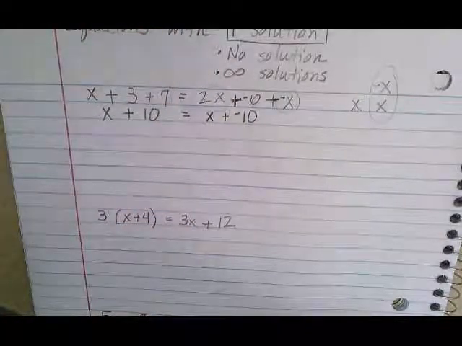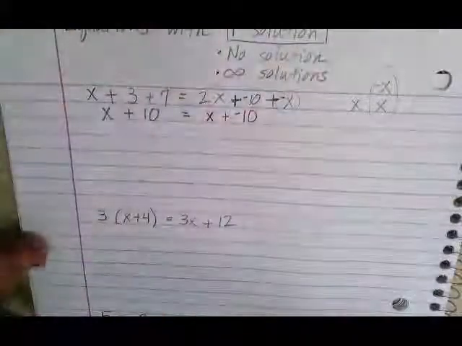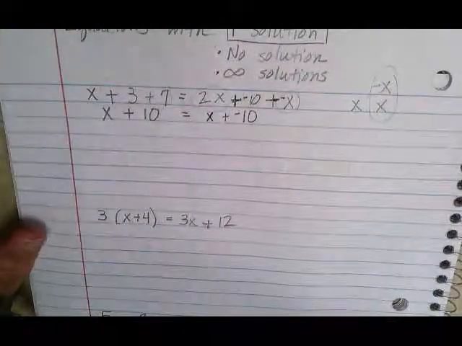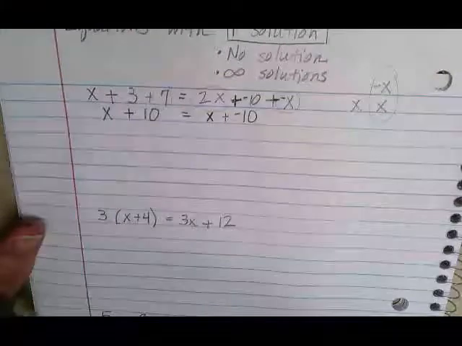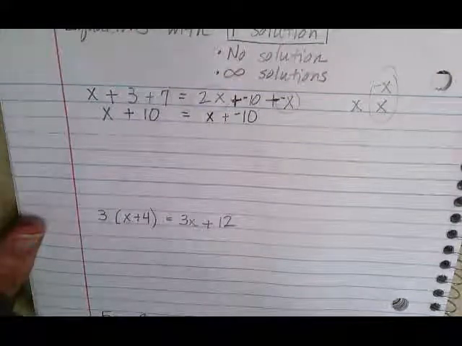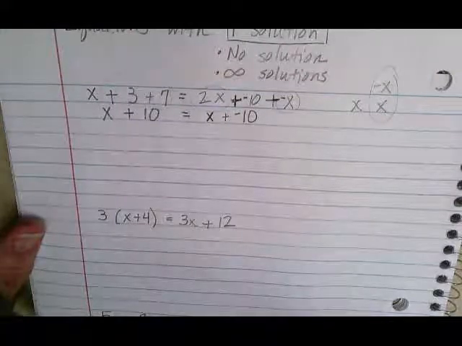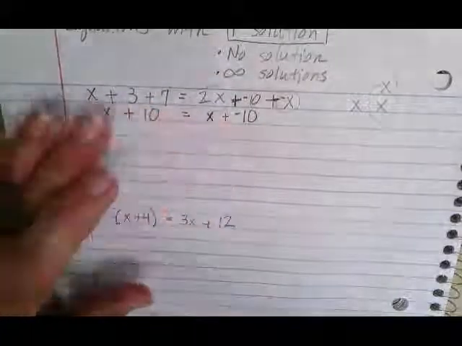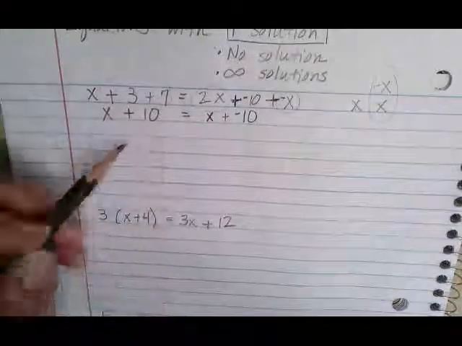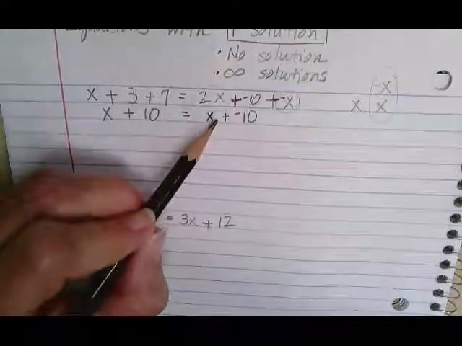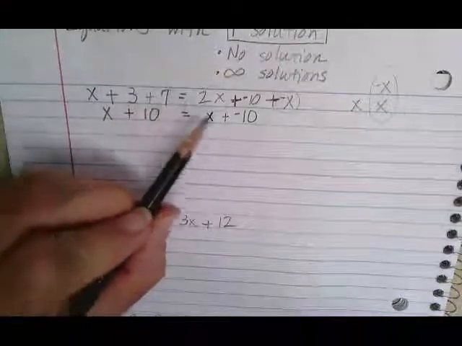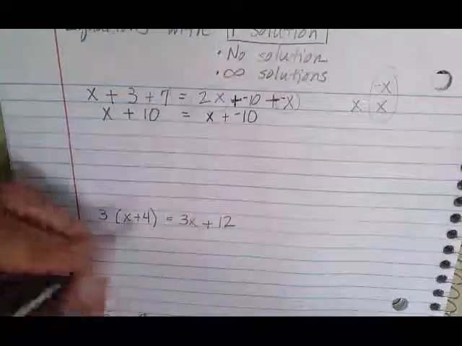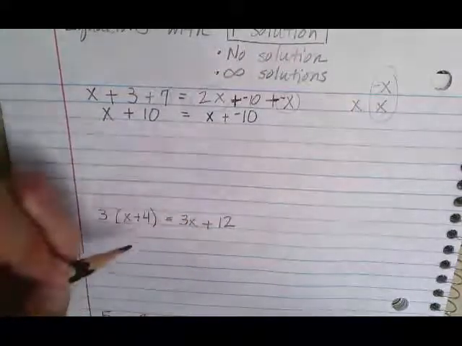Now in algebra we always want to try to get x's on one side and numbers on the other side. I can see that I have x's on both sides and numbers on both sides. My number of x's is the same, so it doesn't matter if I get my x's on the left or on the right, because I only have one x on each side.